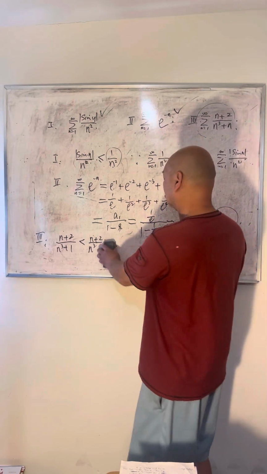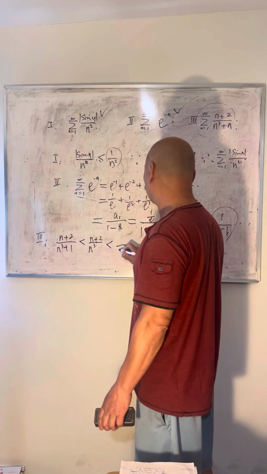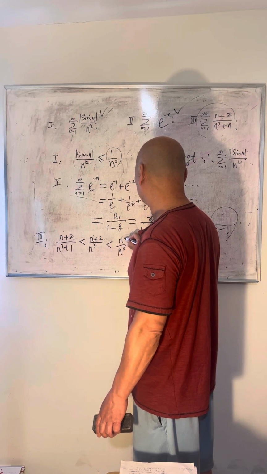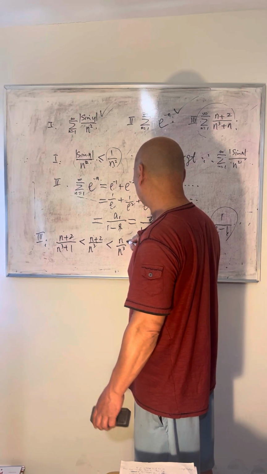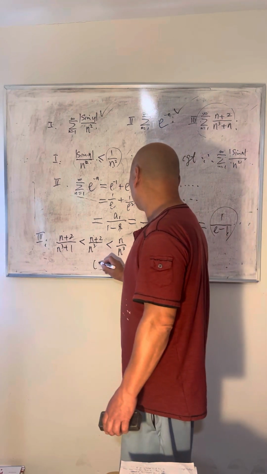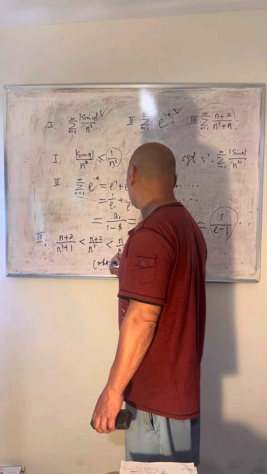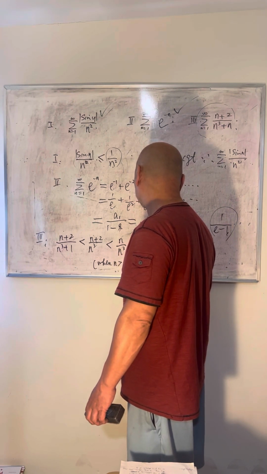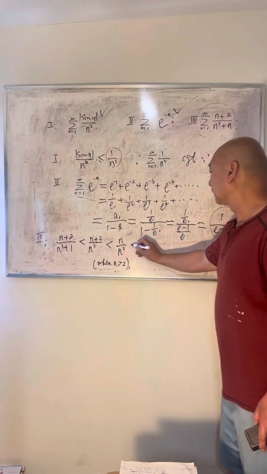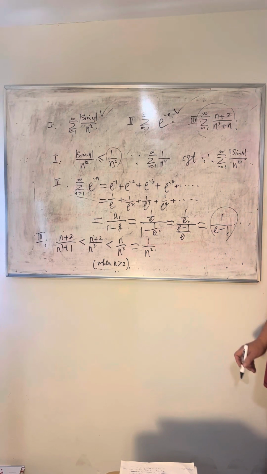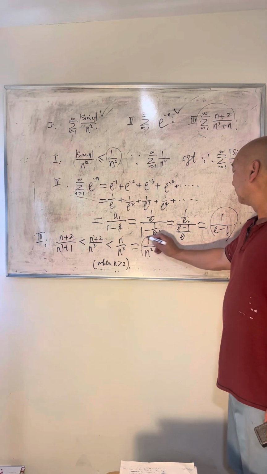This one must be less than n cubed plus something, when n plus is bigger than 2. So what is it? 1 over n squared. This one we know.